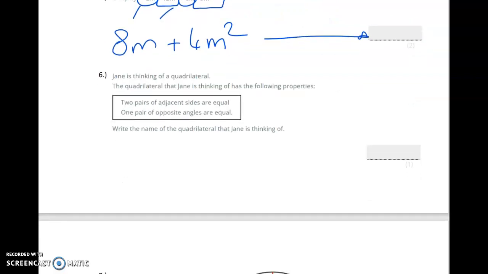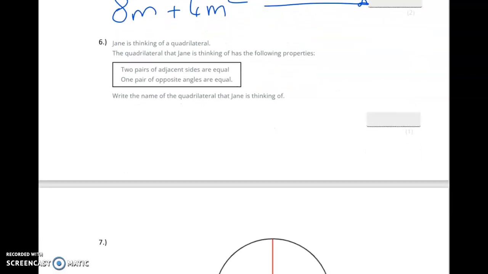So Jane is thinking of a quadrilateral. That's a 4-sided shape. This quadrilateral has the following properties. It says 2 pairs of adjacent sides are equal. Adjacent means that they're next to each other. And 1 pair of opposite angles are equal. Name the quadrilateral that she's thinking of.